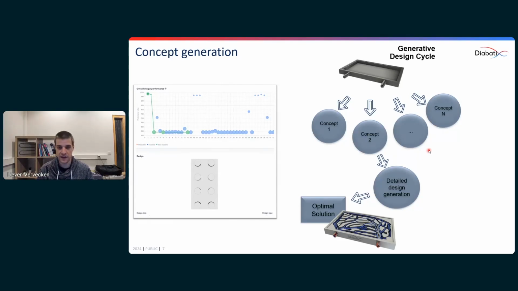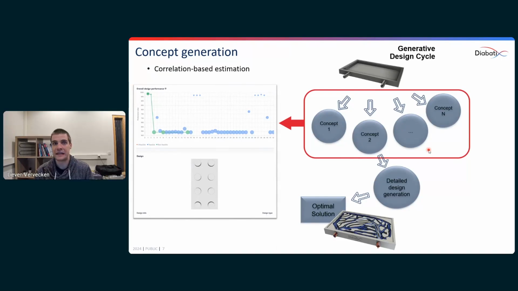So the concept generation phase: typically you will resort to more conventional cooling solutions, pins, fins, TPMS structures as well. And the main benefit of using more conventional cooling solutions is that you can use correlations. You don't have to go with full CFD.